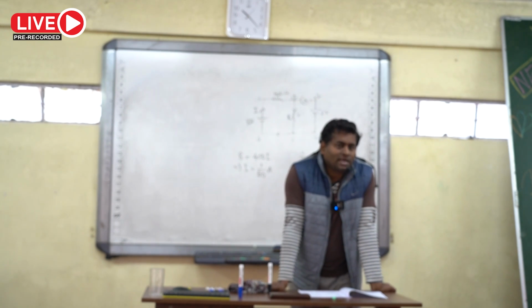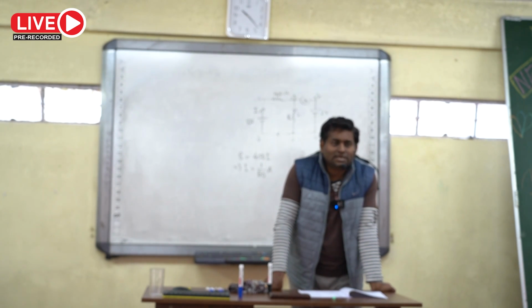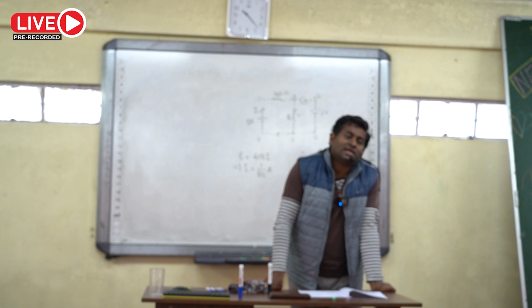Xc equal to 1 by omega C. So whenever AC component passes through this, there is a value of omega, so capacitor will offer some resistance. But when DC passes through the capacitance, its resistance will be infinite, so it will block the DC.